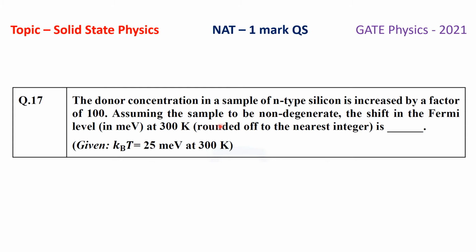Assuming the sample to be non-degenerate, the shift in the Fermi level in milli-electron volt at 300 Kelvin, rounded off to the nearest integer, is? Some information has been given, that is kB times T equals 25 milli-electron volt at 300 Kelvin. So let us see the solution part now.